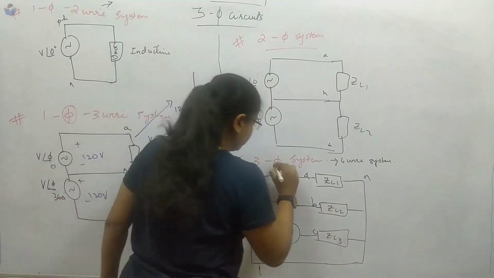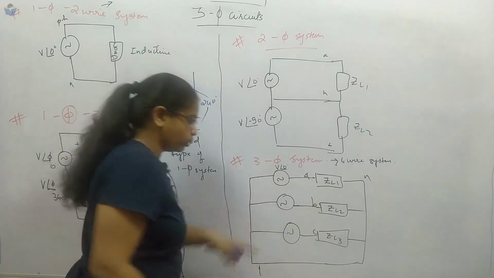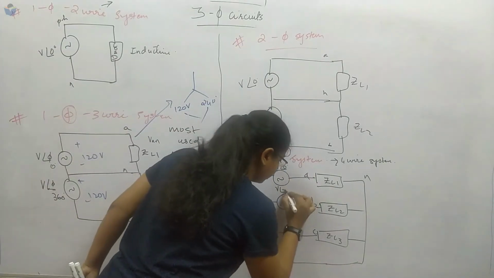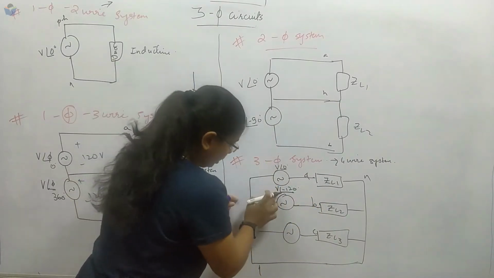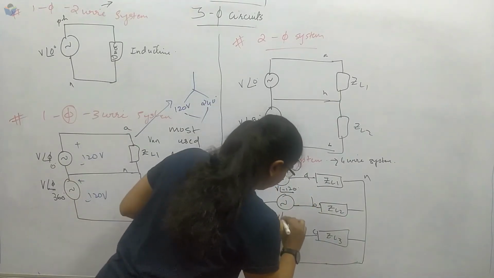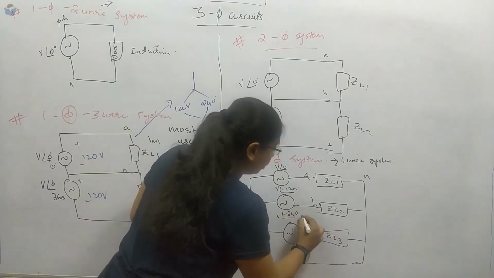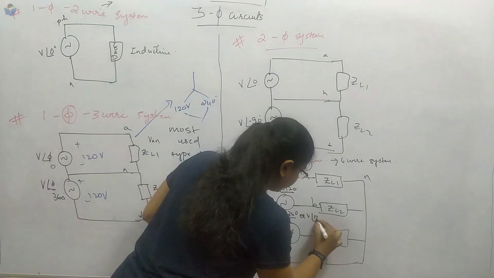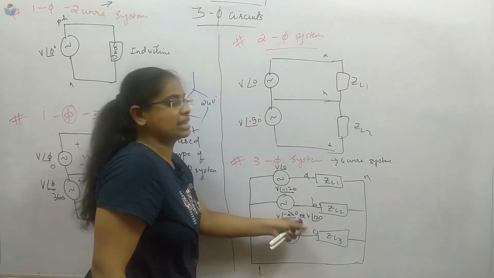Now this is V angle 0 degree, and there will be a 120 degree displacement, minus 120, with respect to this source, and next there will again be a minus 120 displacement, together adding to minus 240, or you can write this as 120 degree. While drawing the phasor it will come and stand at the same point.